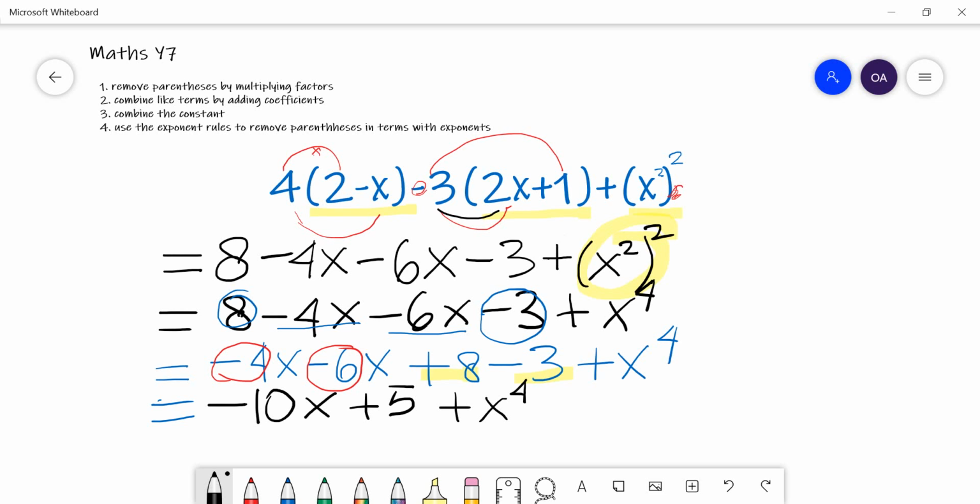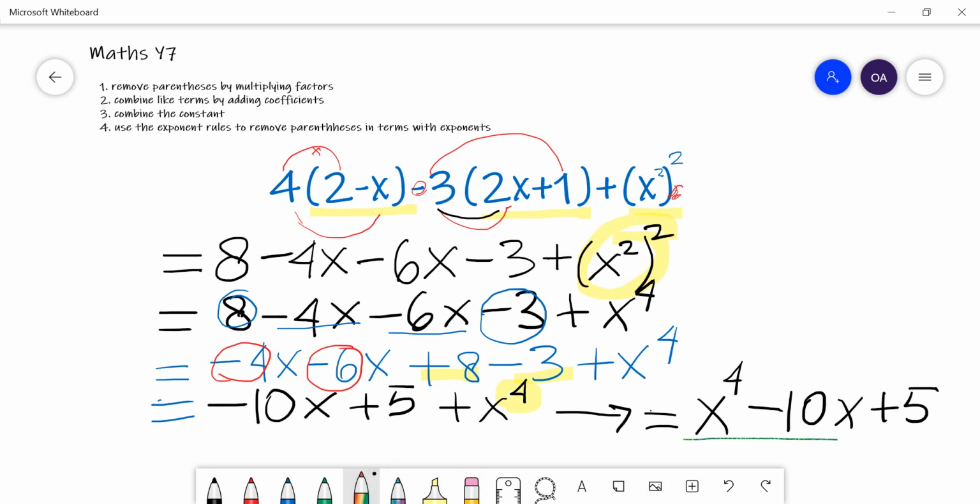Since the largest exponent is this one, I can put the result here, x to the power of 4. And then after that, we go to the variable, negative 10x, and the last one, we go to the constant, plus 5.